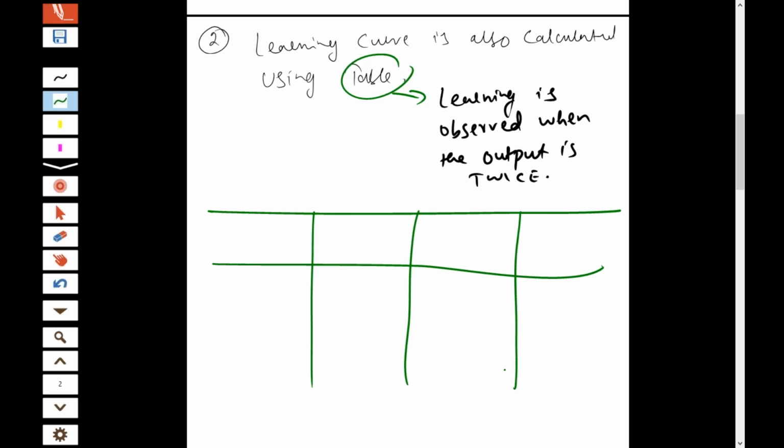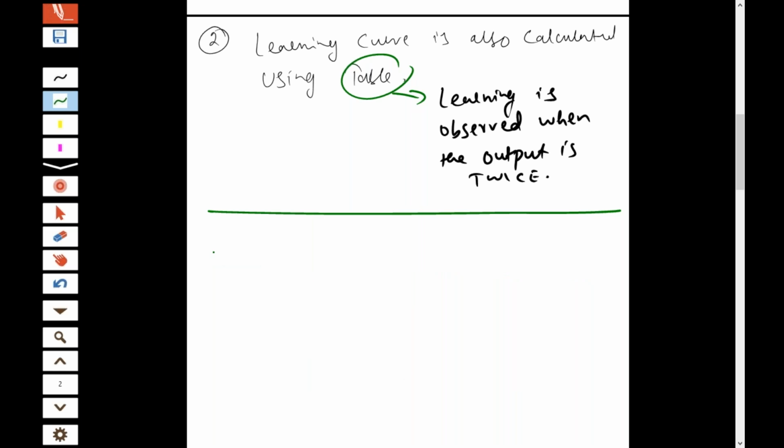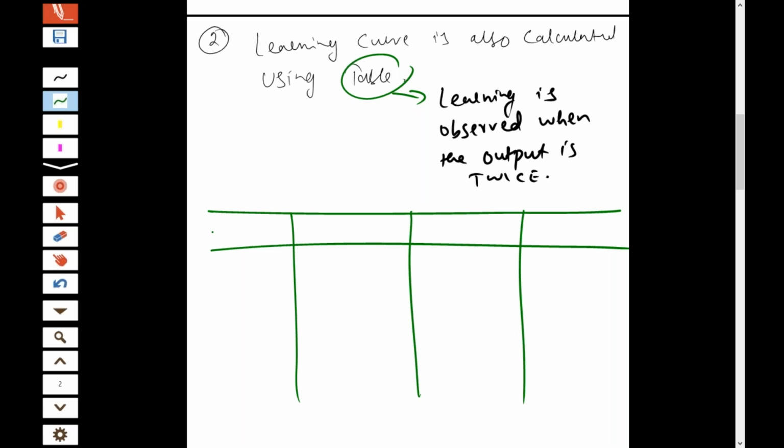in order to solve that reverse calculation. That is units, and average time per unit, that is total time, and that is incremental time.